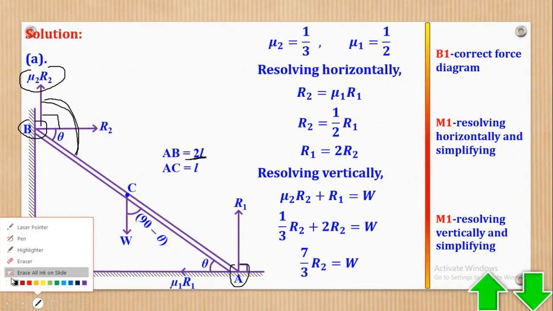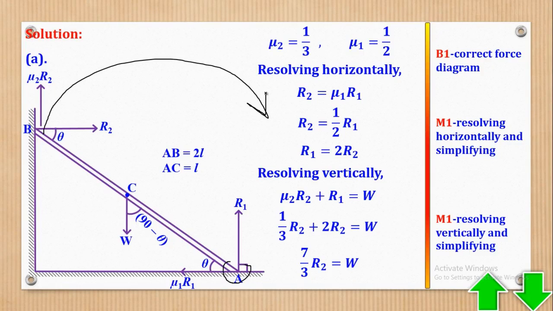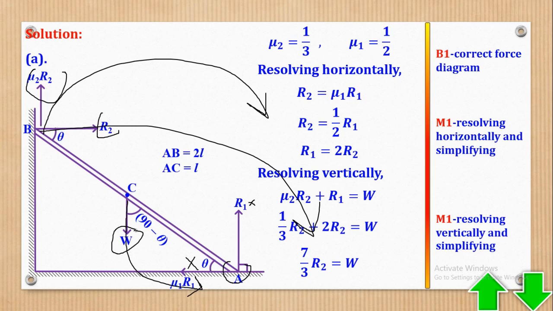At this point, this force will cause a clockwise moment, and also this force will cause a clockwise moment, but this one will cause an anticlockwise moment, and these ones will cancel because they pass through the pivot. Therefore, we are going to add these two for clockwise moment and equate them to this for anticlockwise moment.